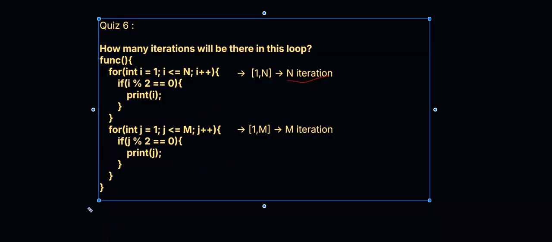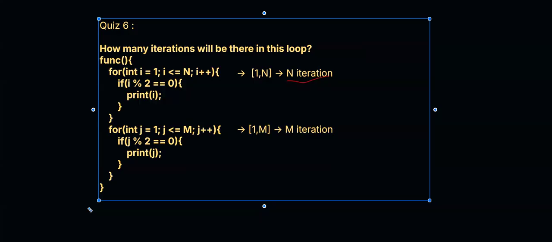Why do you add n plus m? Because this for loop is not inside of the first one. First this for loop completes and then we start the other for loop. Maybe if you don't understand how it is n plus m, let's take an example.